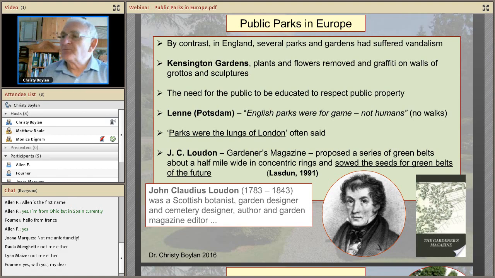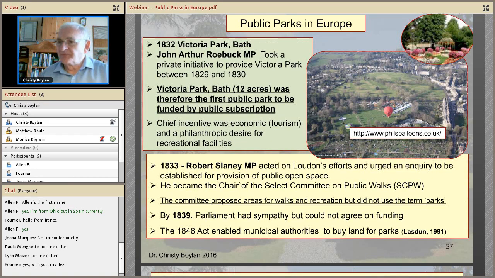The need for the public to be educated to respect public property was noted. And in Potsdam, Lenné, a designer there, said that English parks were for game, not humans, because they didn't have walks in them, which reflects the fact that they were for hunting. But oftentimes people recognised that parks were the lungs of London, which was then becoming a very built-up city.